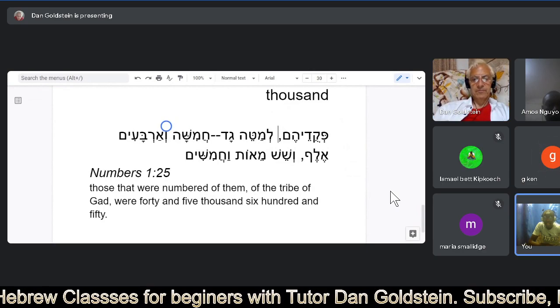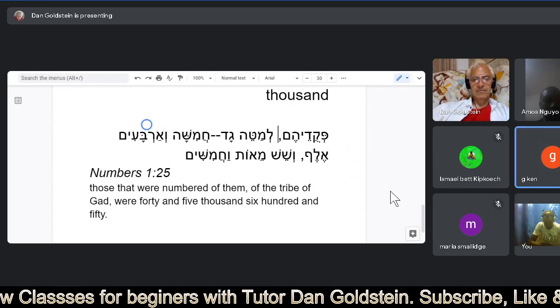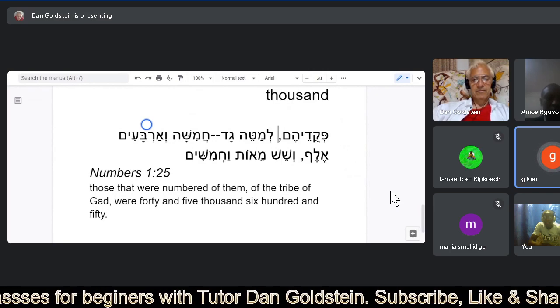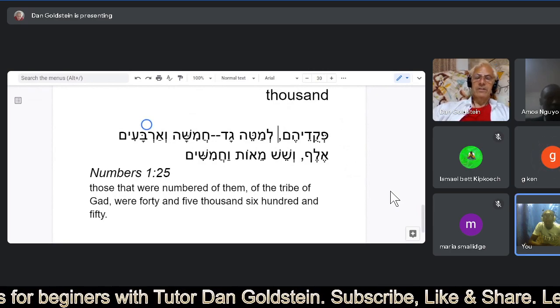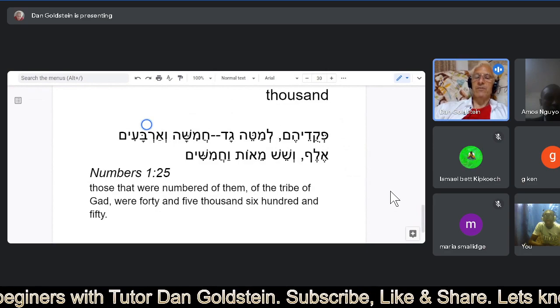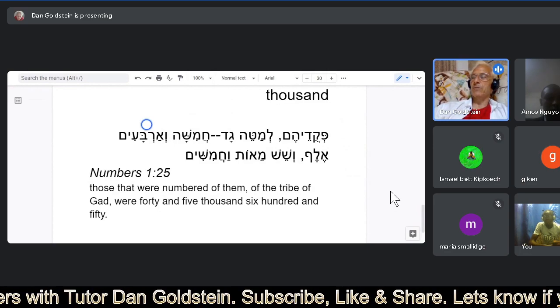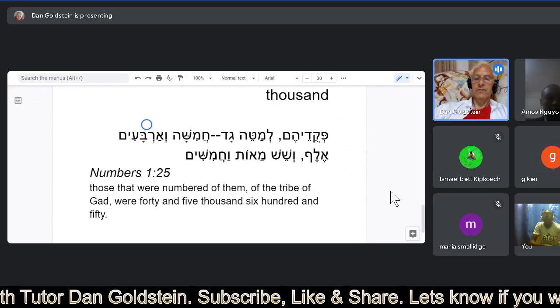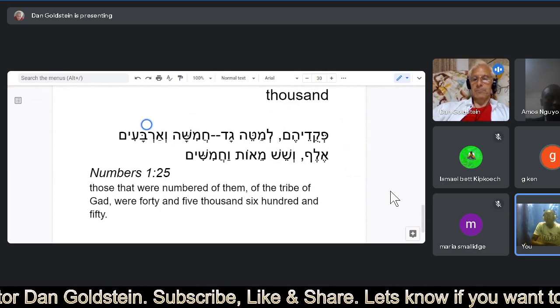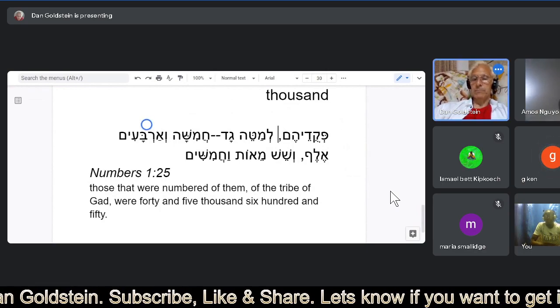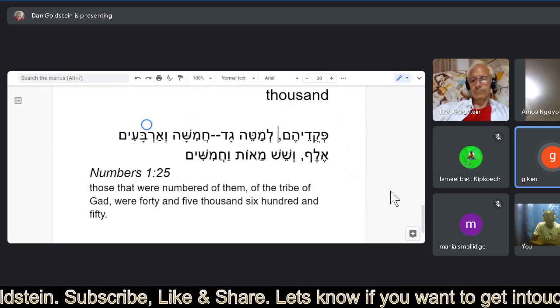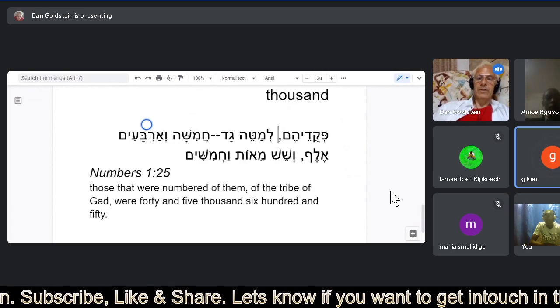So Gad means... no, not God, Gad. It's actually just the name of a tribe. It's the name of one of the sons of Jacob. Okay. No problem. Right.